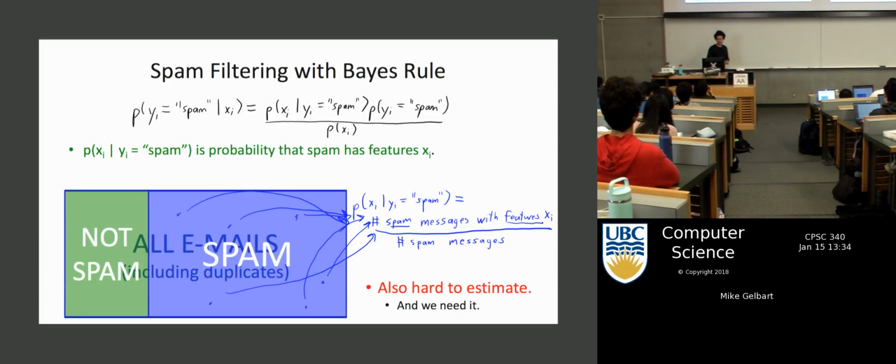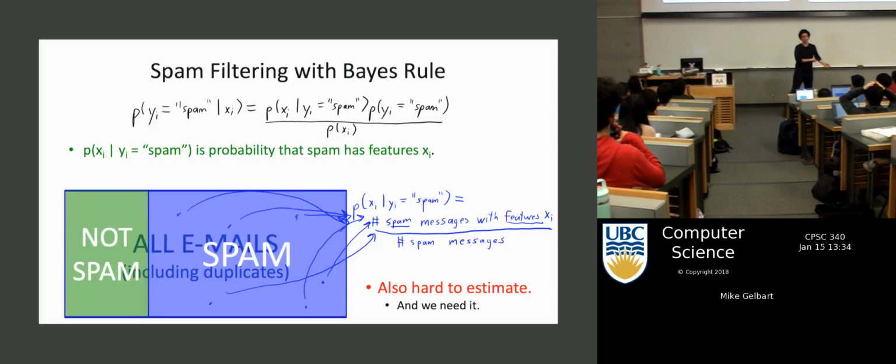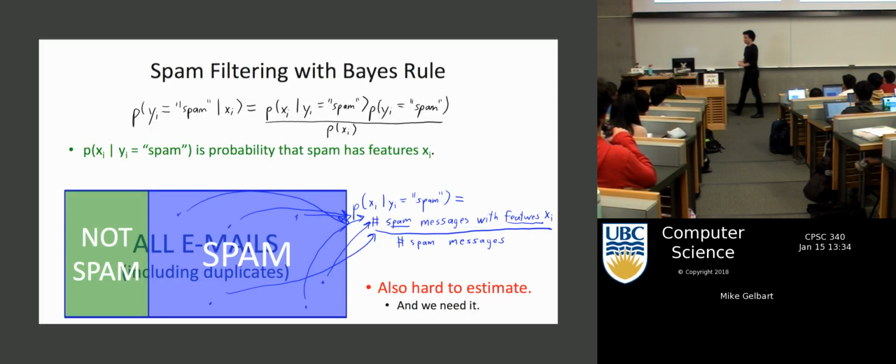You could imagine estimating this by just counting the total number of spam messages and counting the total number of spam messages with those particular features. But you're not going to expect to have that many emails that have exactly the same feature vector.